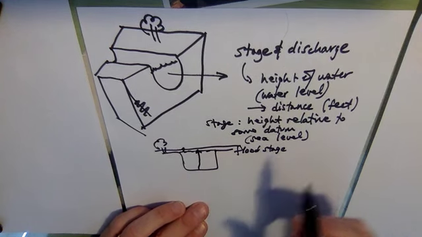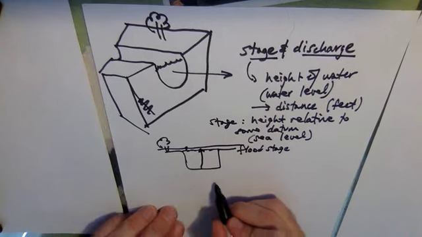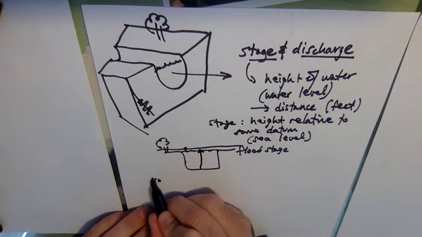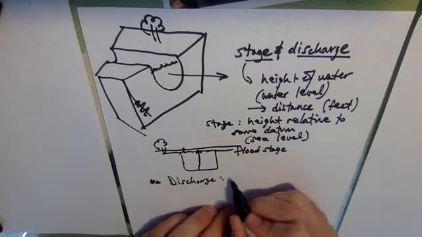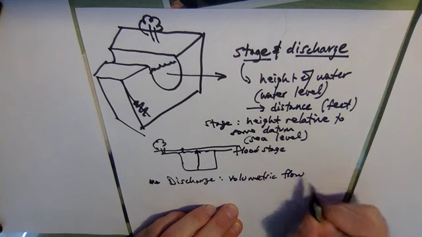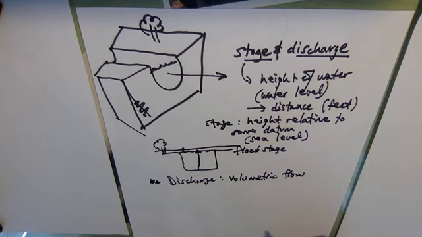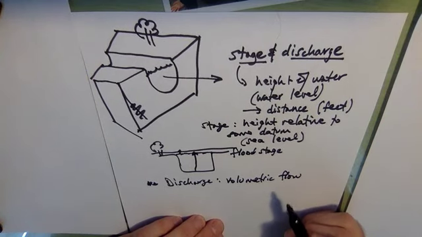The other thing that we want to know, as I said, that's stage. The other thing we want to know is discharge. I'll write discharge here. Discharge is also known as volumetric flow. So how many gallons of water, or boxes of a certain size of water, are moving down the stream for every given period of time.